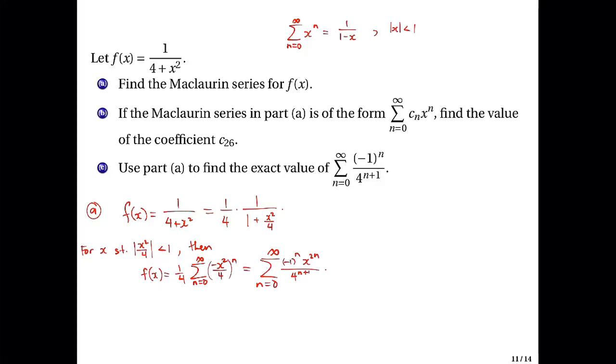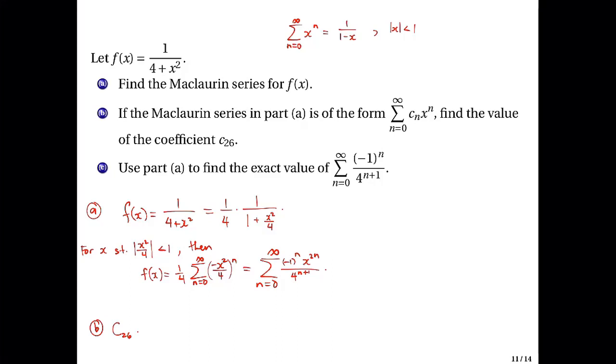So for letter B, we want to find the coefficient C sub 26. This means your n equals 0, n equals 1, n equals 2. We want the subscript of C to be 26. This means we want the exponent of x here to be 26. But the exponent of x is of the form 2n.